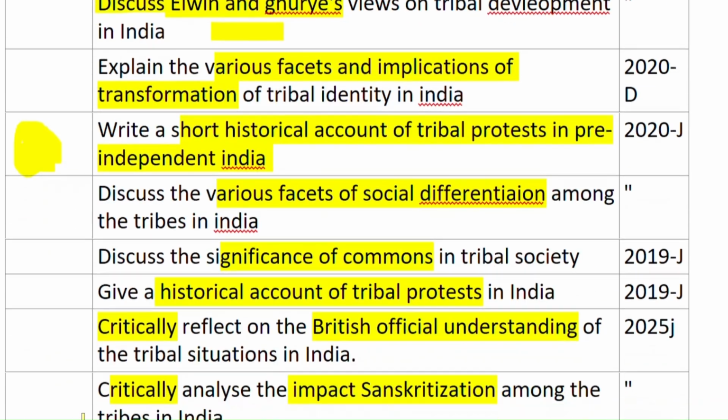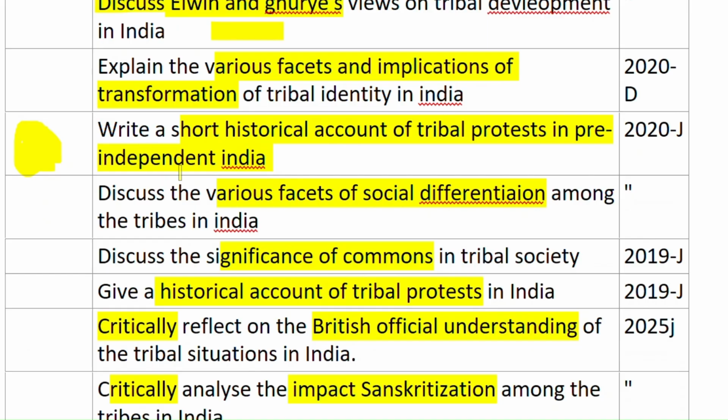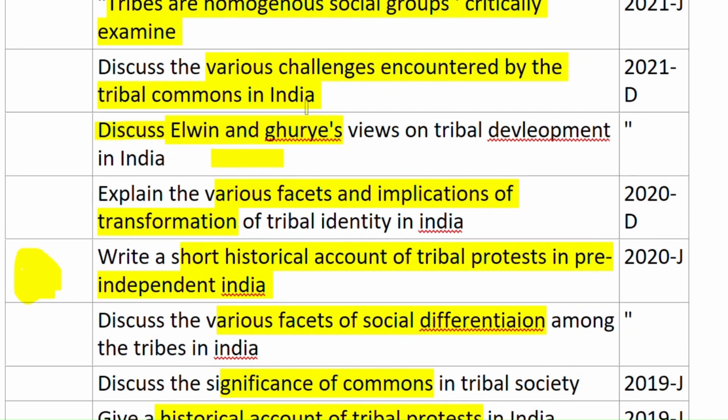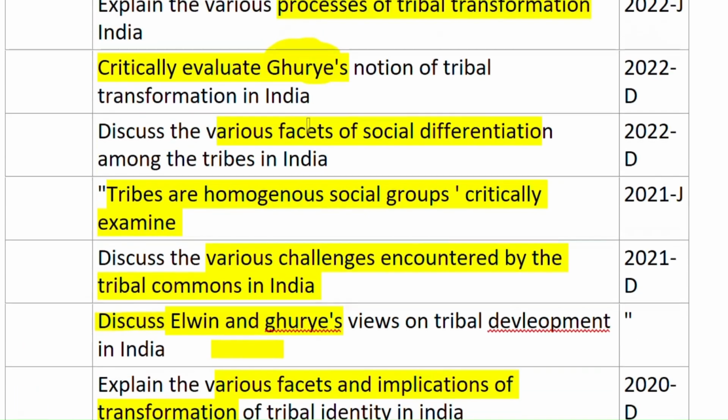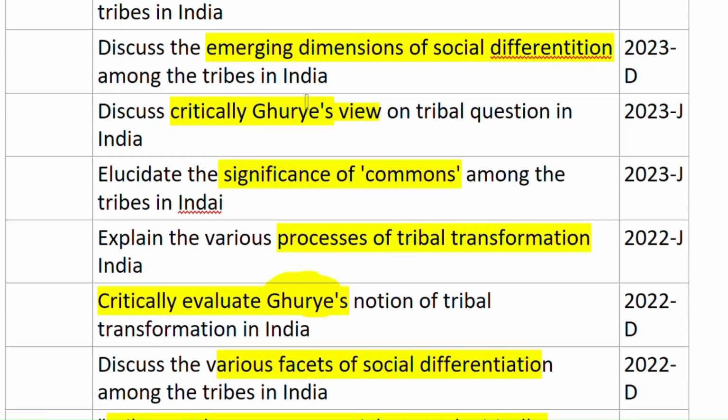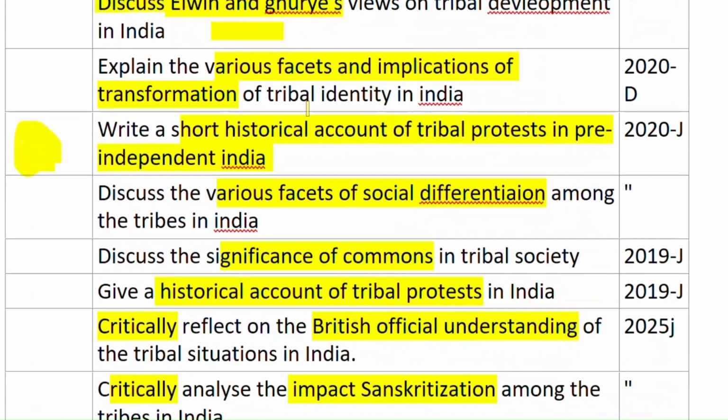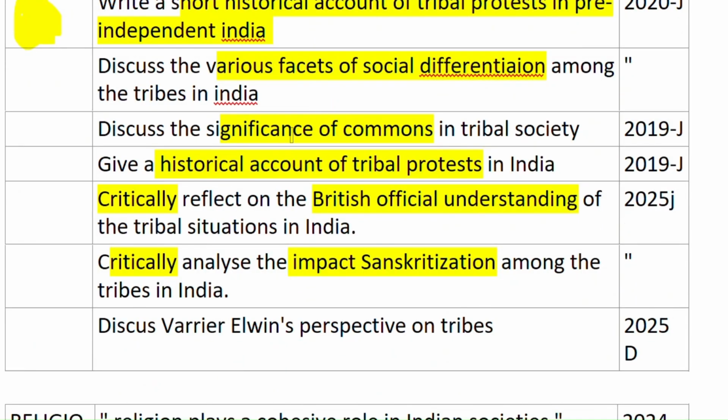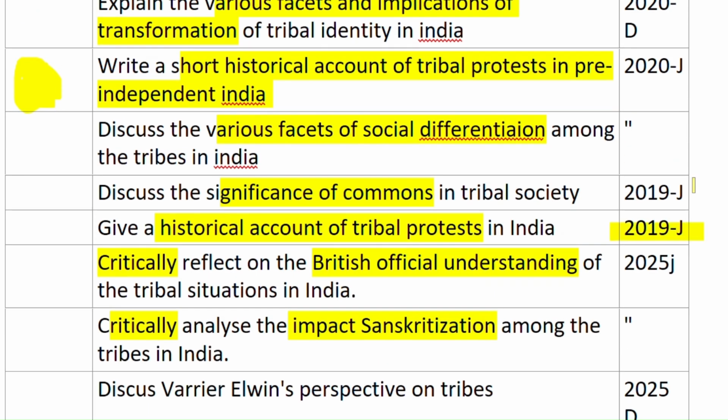With limited time, I would say avoid that question. Learn Elwin's and Ghurye's perspectives and about social commons, traditional commons, and the nature of social differentiation. Again, significance of commons, various facets of social differentiation, tribal protest. It was asked in 2019 and 2020 only, so you can leave that question.